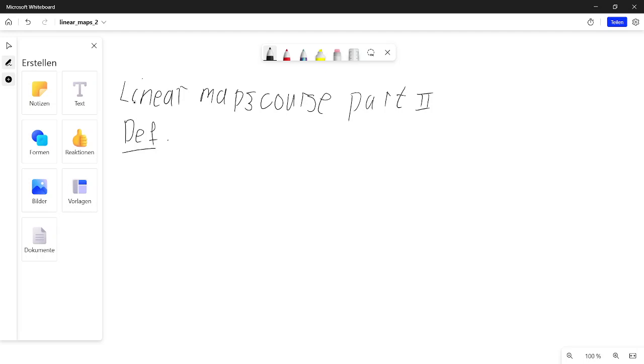So, definition. A map L, big L, from V to W, with V, W vector spaces, and that means here vector spaces in the sense of our general definition of vector spaces from before, right?